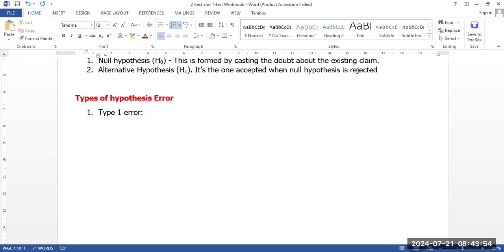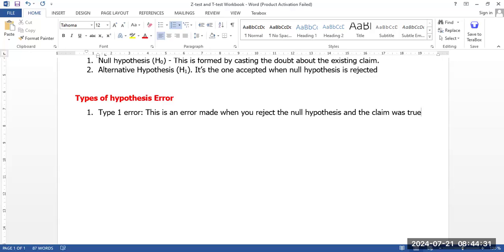And what is type 1 error all about? This is an error made when you reject the null hypothesis and the claim was true.